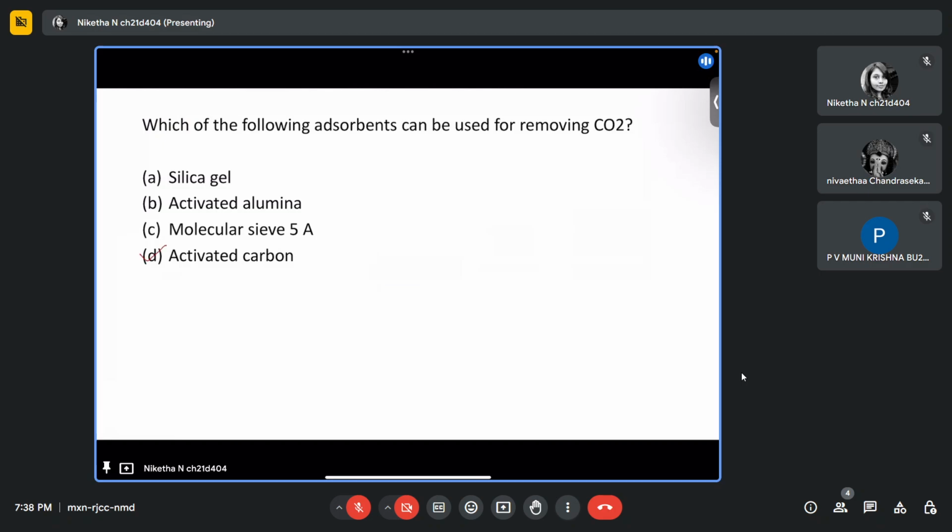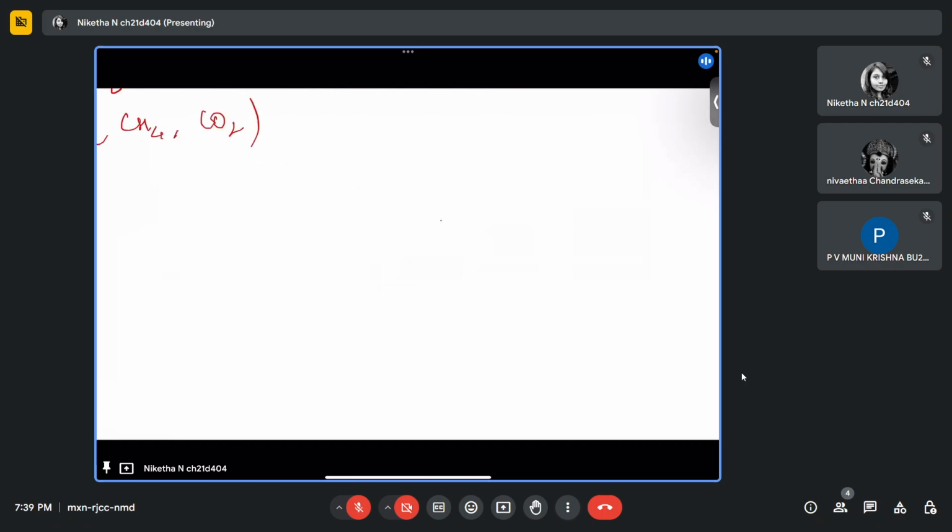So activated carbon can be used for removing methane and CO2. Silica gel can be used for removing ethane and other heavy hydrocarbons. Whereas activated alumina can be used for removing water. And molecular sieve 5A can be used for removing methane, carbon monoxide, nitrogen, and moisture.